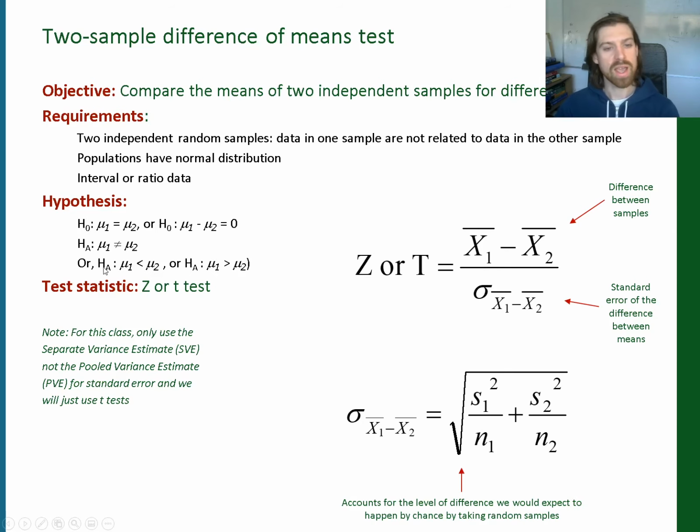Okay, or we could say that the alternative hypothesis is basically directional. So for this first example here where my mouse is, we're essentially saying that the mean for sample 1 is significantly lower than sample 2, or in the other case, the mean for sample 1 is significantly higher than sample 2. So I hope that that's clear to you now.